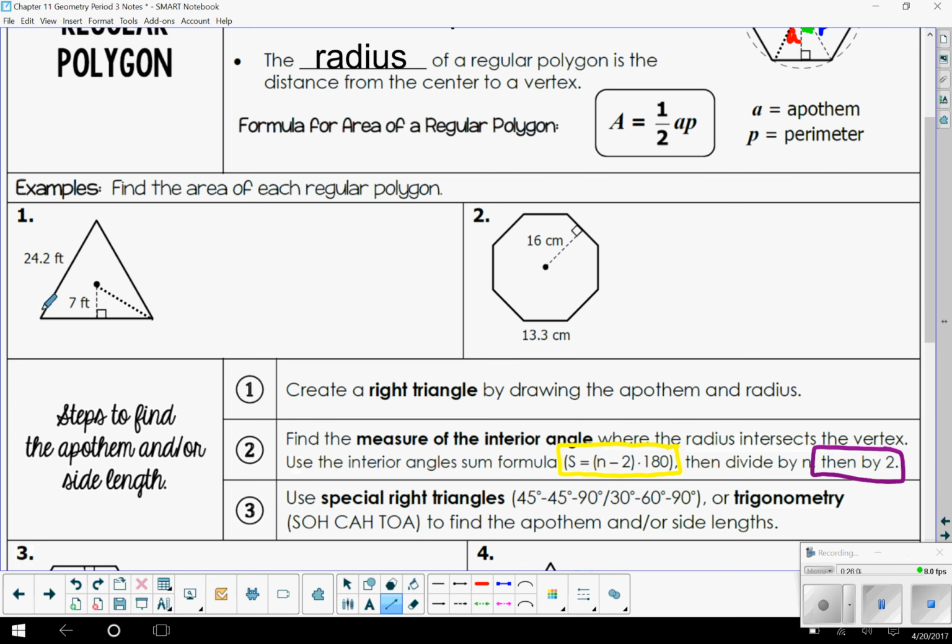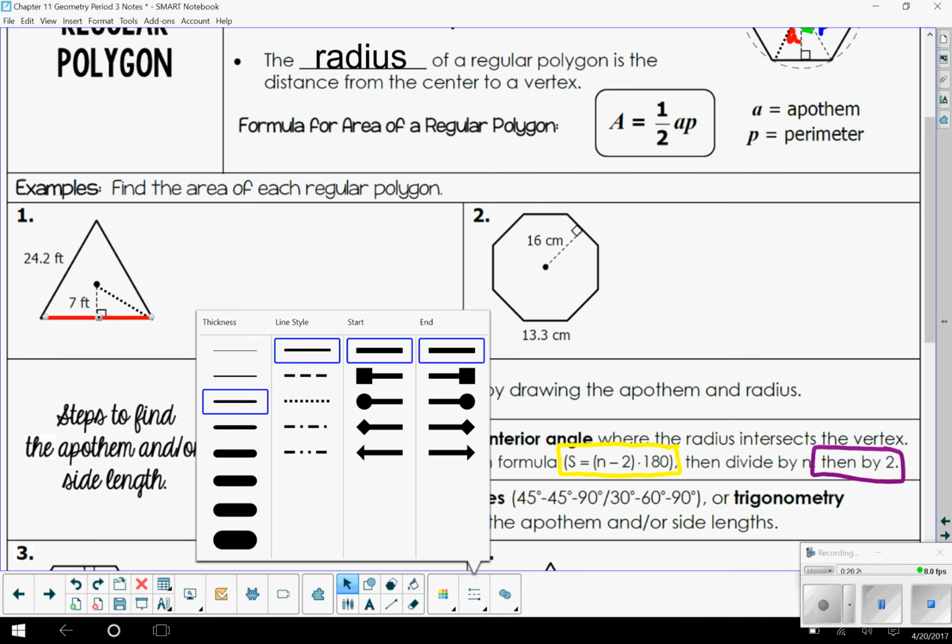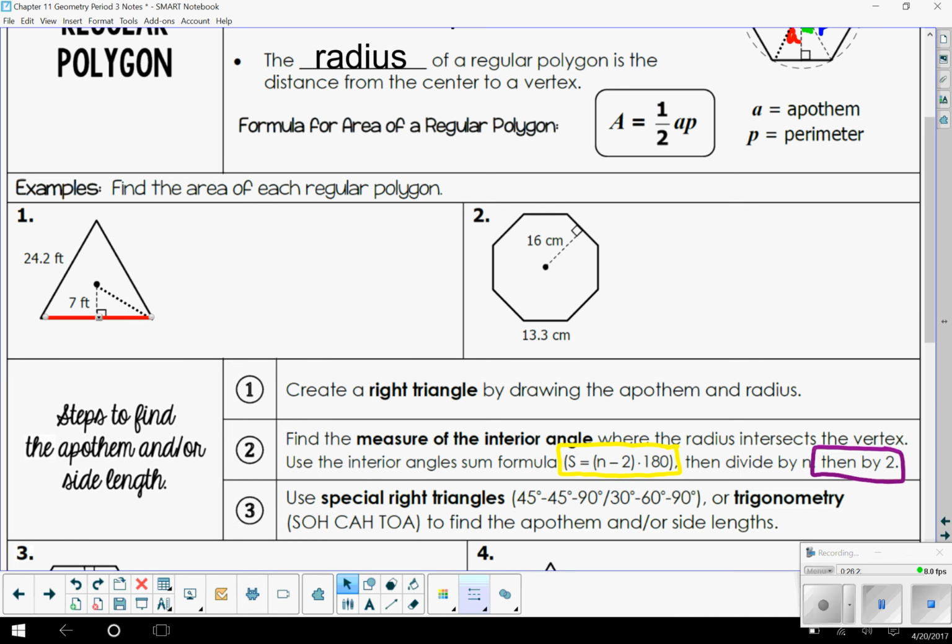All these sides are the same. So because this is 24.2, this entire thing is 24.2. It's a side of the triangle. It's a regular polygon. Regular polygon means that all sides are congruent.